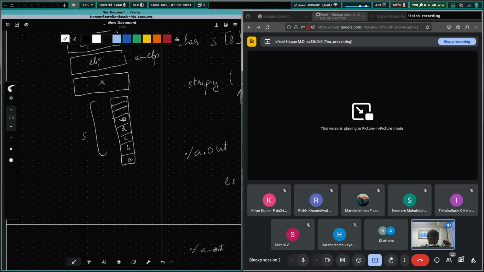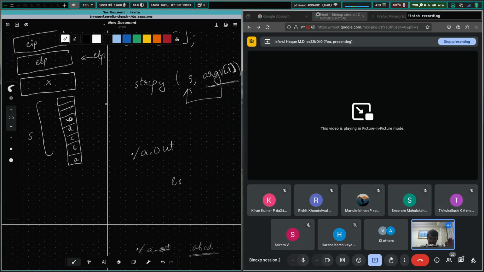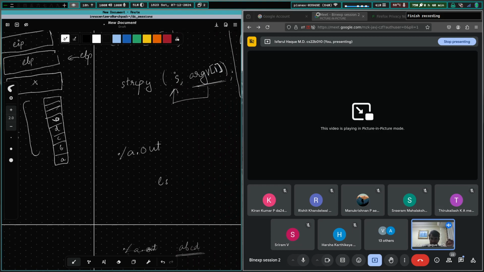So you see what happens if the array has four letters, strcpy ignores the further ones. It has no notion of length. First of all, we did not pass the length of the array s in the function, so it has no idea of where it should stop.